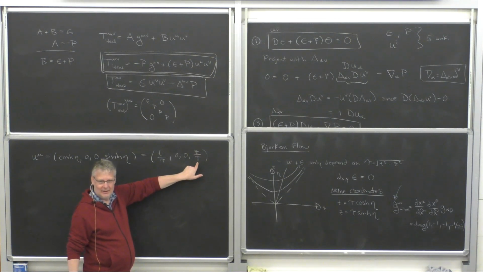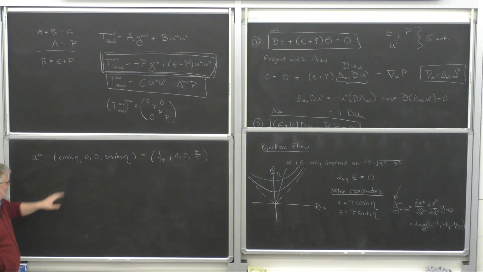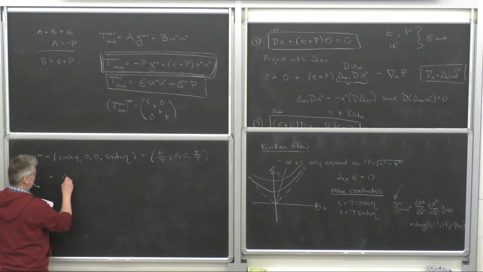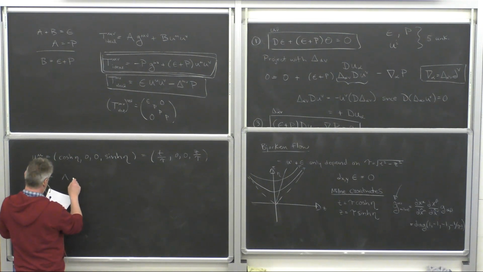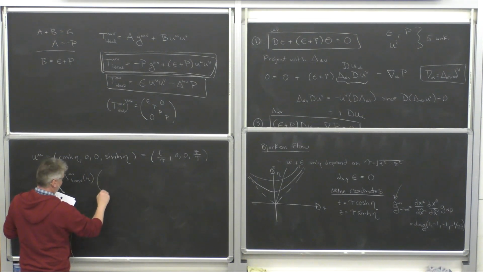But when you write it in this way, it's obvious that it results in a static flow, because this is nothing but a Lorentz boost by eta of some static flow vector.